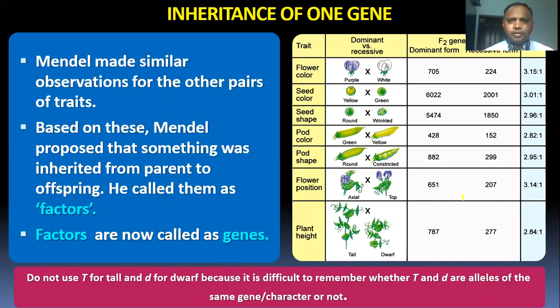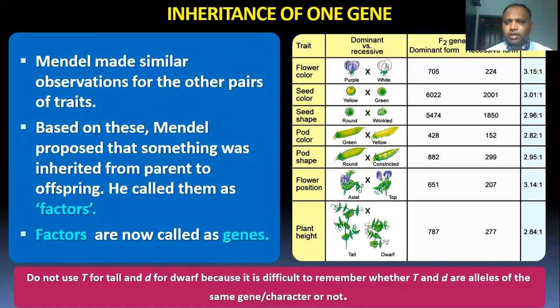Like you see, flower color: purple is dominant, white is recessive. In that also he conducted a monohybrid cross. Like seed color also he conducted, seed shape also, pod color, pod shape, flower position, axial and terminal, and plant height.